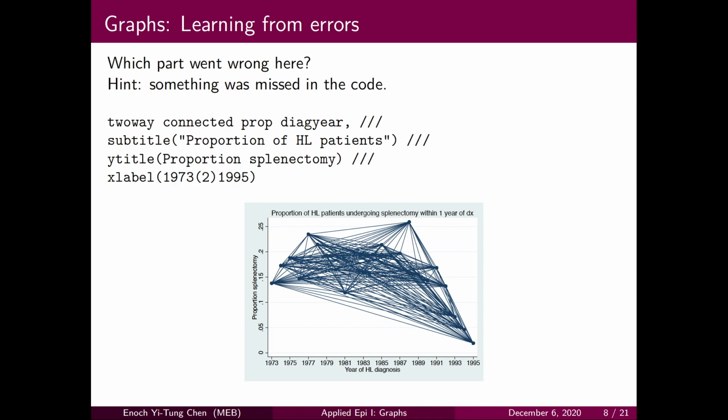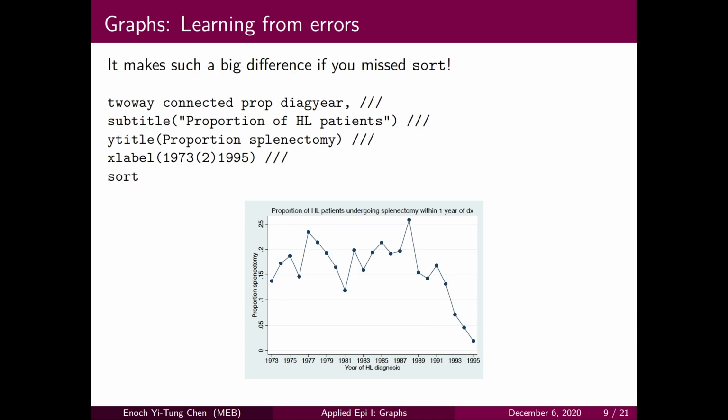Could you find it? 3, 2, 1. Sort was missed. If you just sort it and it works really well, then you will get the proportion of Hodgkin lymphoma patients undergoing splenectomy by year. Now it looks right.